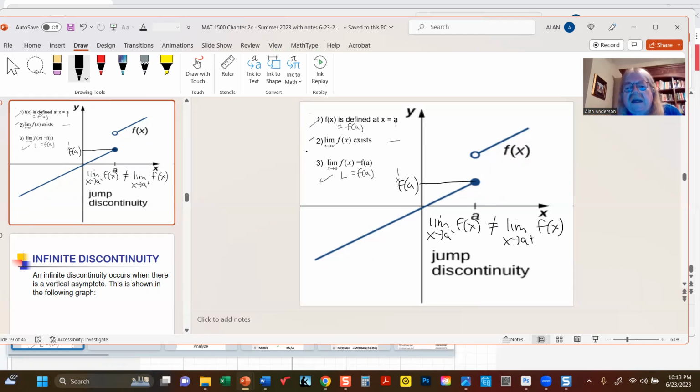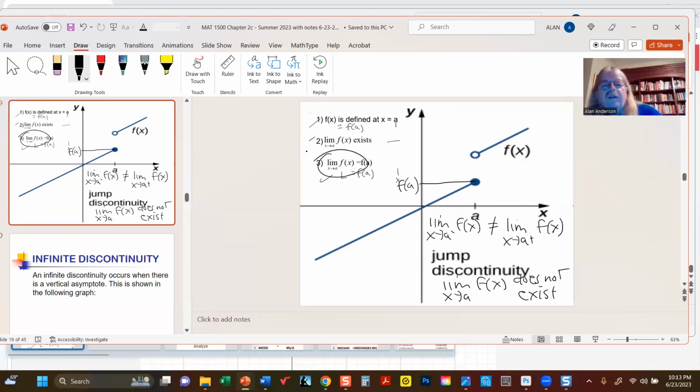So that means that the two-sided limit does not exist. So number 2 is out. And then, of course, number 3 can't exist if the limit itself doesn't exist. So the third one can't be true if number 2 is false.